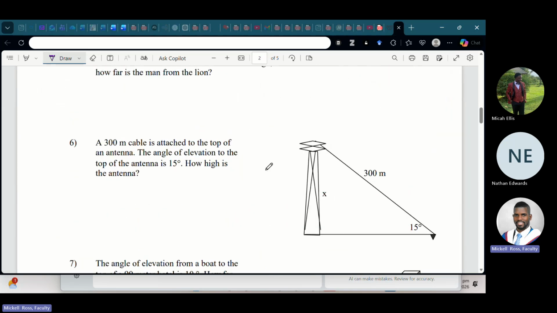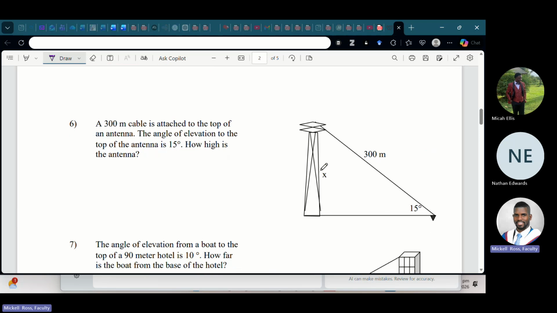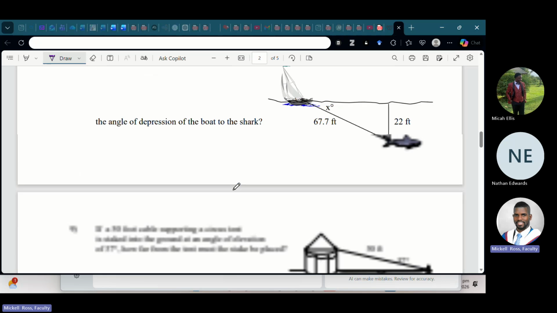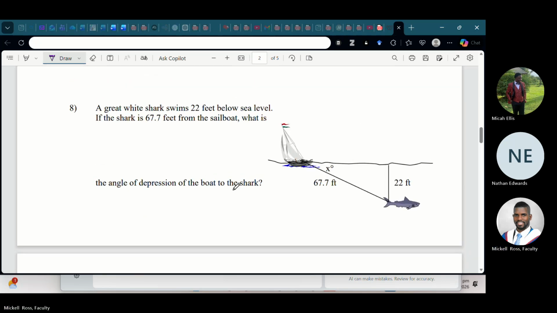Because all the others are similar, you just identify where is the opposite, where is the hypotenuse, where is the adjacent, and then you just solve from there. All right, so it says we need to find the angle of depression of the boat to the shark. So we need to find this angle here.